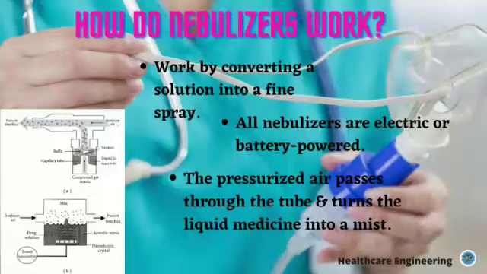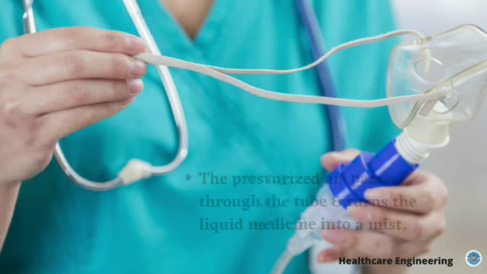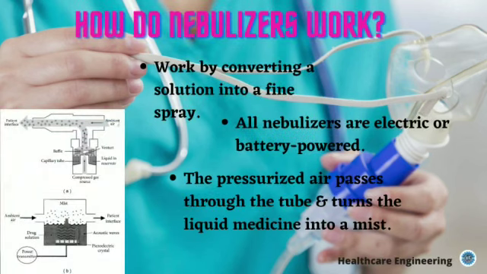Nebulizers work by converting a solution into a fine spray, which makes it easier to inhale the drugs. Inside the nebulizer, pressurized air passes through the tubes and turns the liquid medicine into a mist. During an asthma attack or a respiratory infection, the mist may be easier to inhale than the spray from a pocket inhaler.